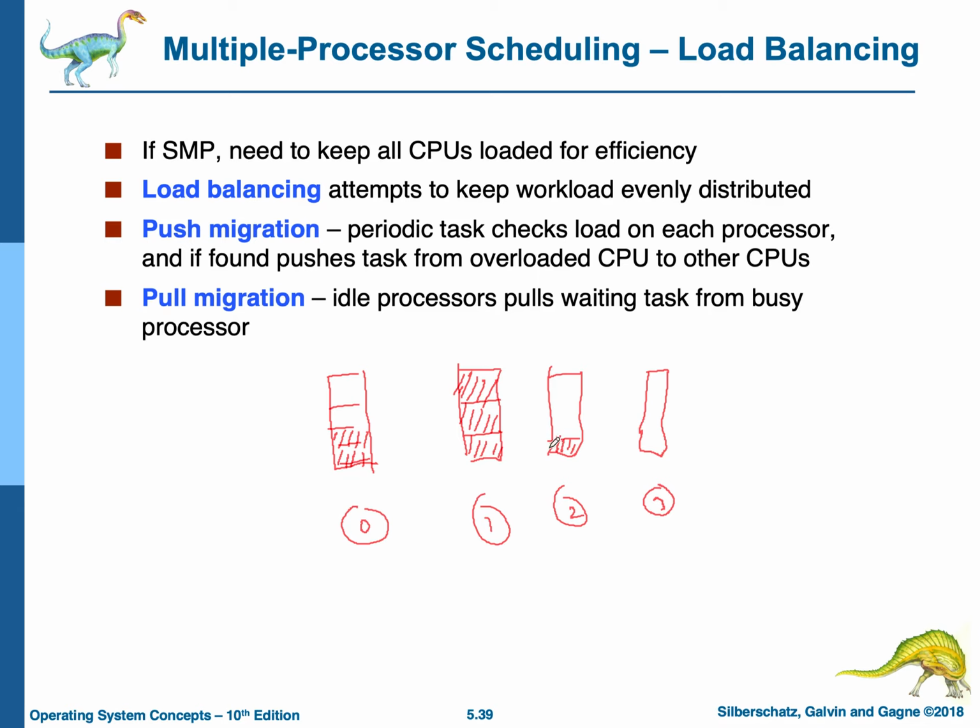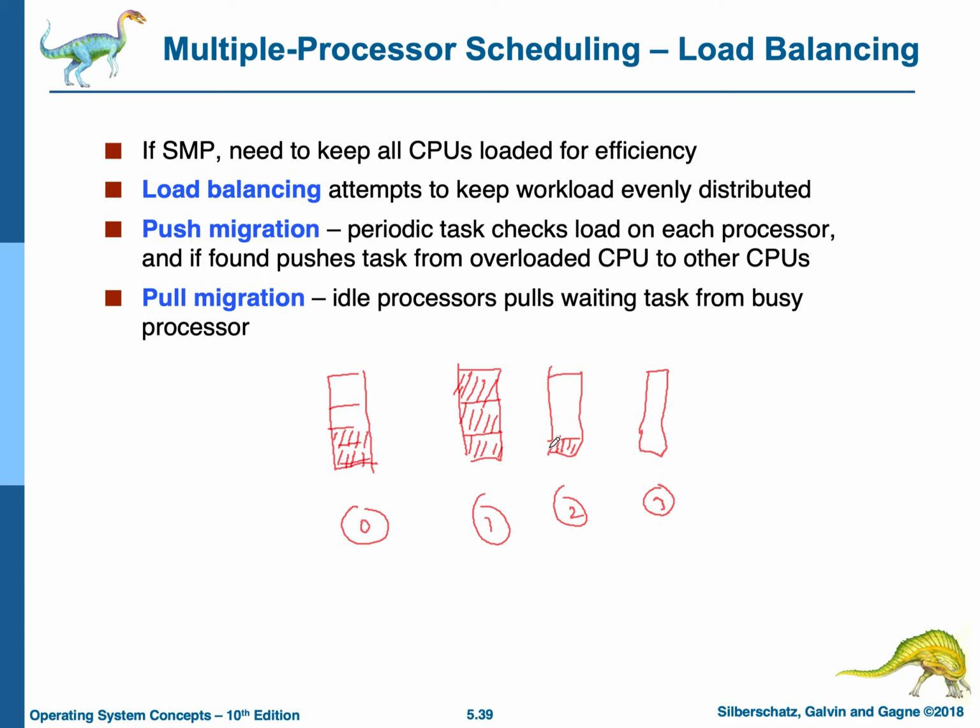So we are not balanced here. The processors are not implementing the fair policy to balance the load between the processors, between the CPU cores.